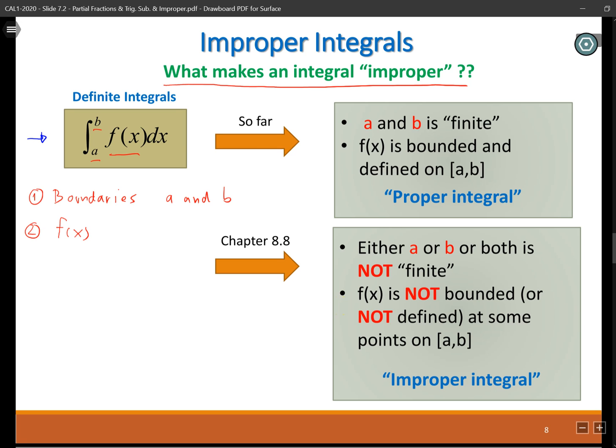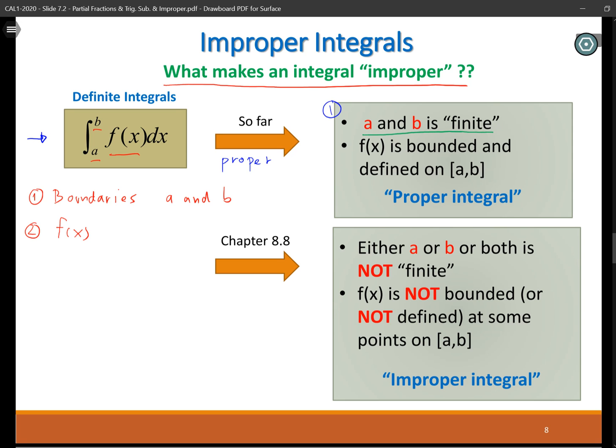Okay, so let's start with the proper ones. So far it has been all proper, this first box. So what about the boundaries? What happens here? So the condition here is that A and B have to be finite. The boundaries have to be finite.